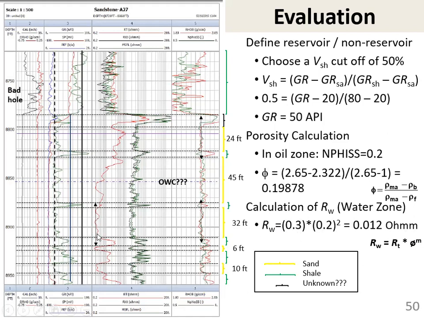This is RT, the true formation resistivity, which is 0.3. So from here you can obtain the resistivity of the water in the formation, and this will give you 0.012.